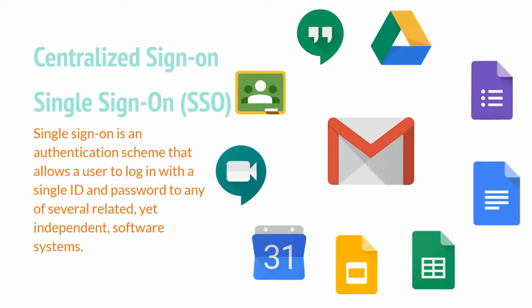Next is the concept of centralized sign-on or single sign-on. Single sign-on is an authentication scheme that allows a user to log in with a single ID and password to any of several related yet independent software systems.